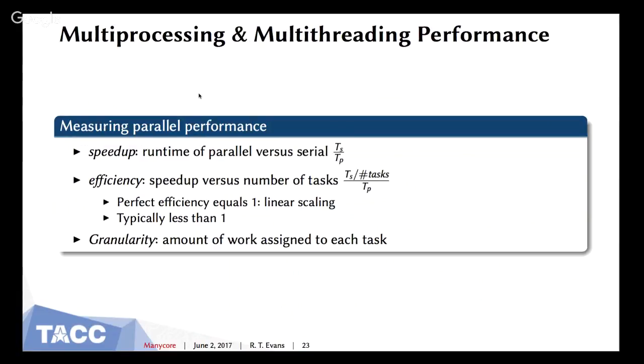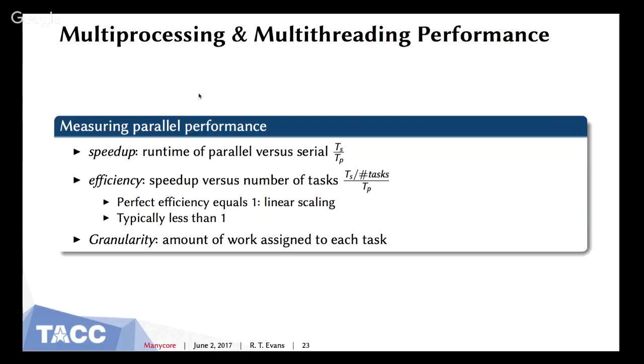And just a little nomenclature. When we talk about speedup, we're talking about the increase in performance due to parallelism. And it's simply the time it took to run on one core versus the time it took to run in parallel. And this could be parallel threads, parallel processes, completely separate processes, however you want to define it. And so efficiency is just, what was the cost of this parallelization?